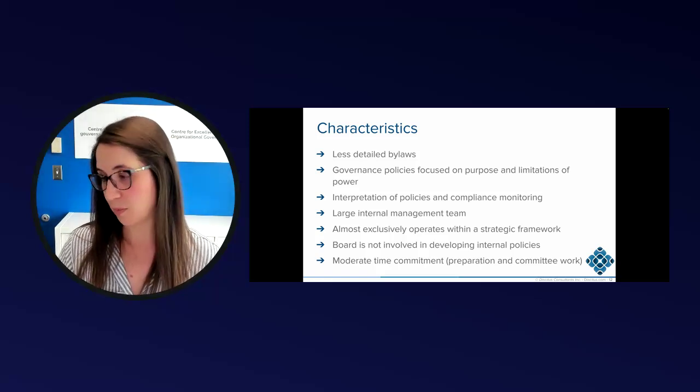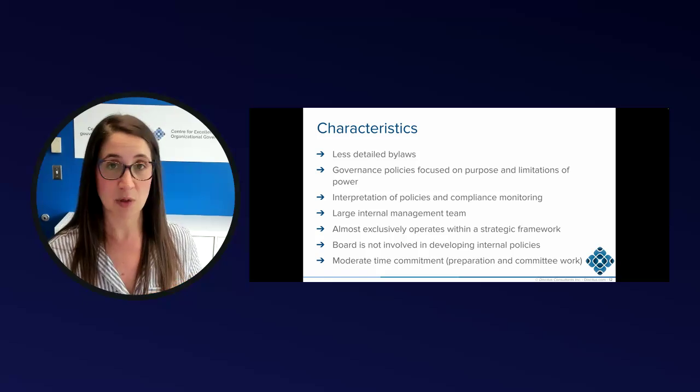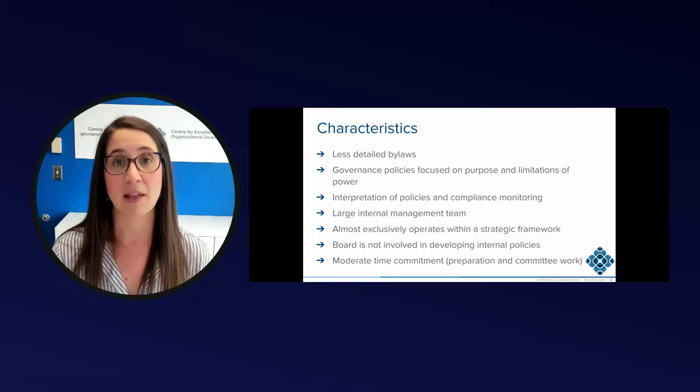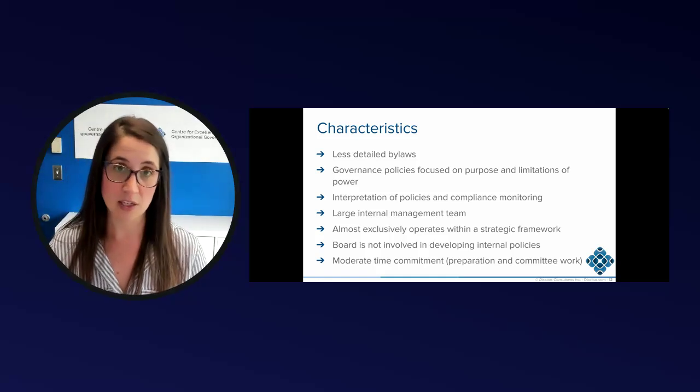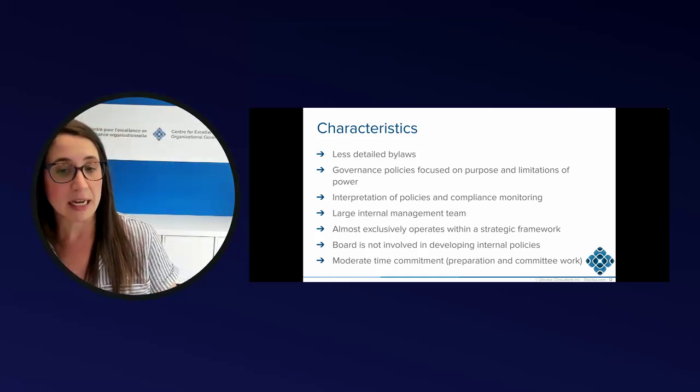So why would the board be working on HR policies and procedures when there is the expertise internally to make sure that we have those policies in place and that they are in accordance with the laws and regulations we are obligated to follow as a nonprofit?